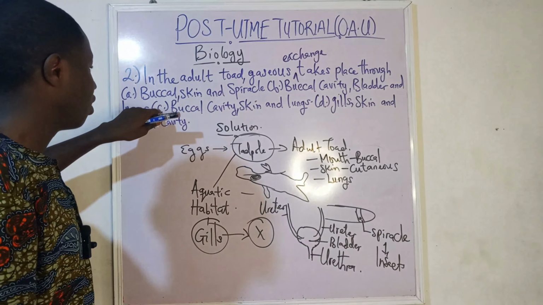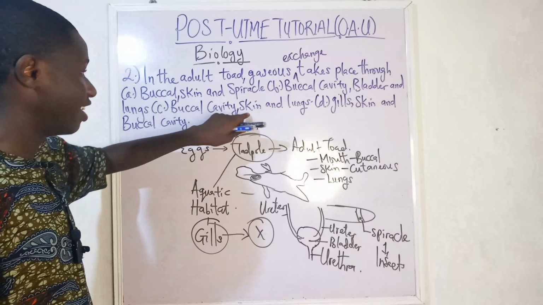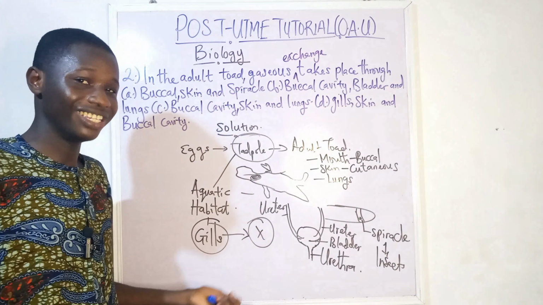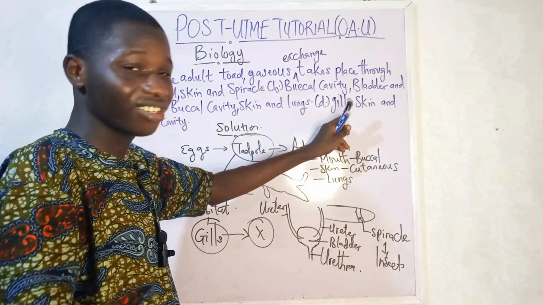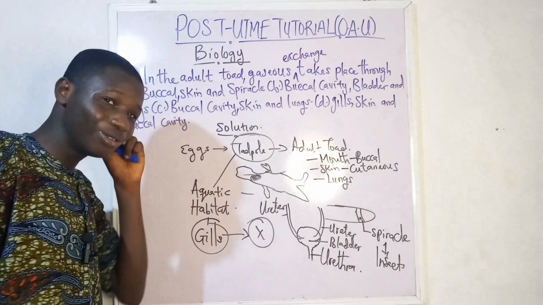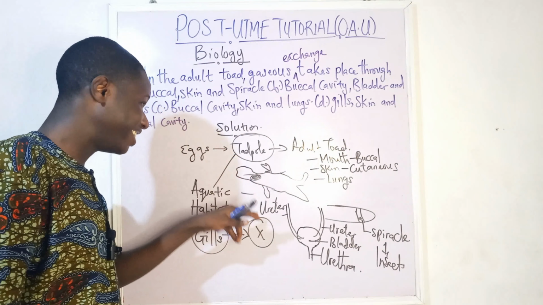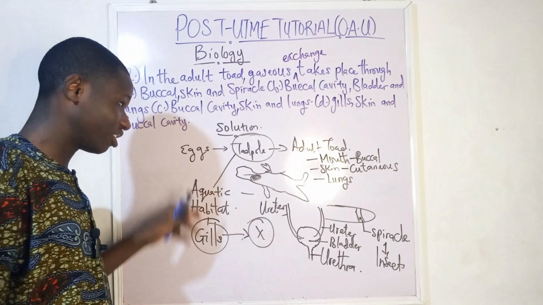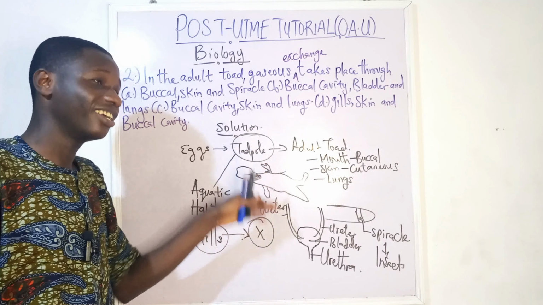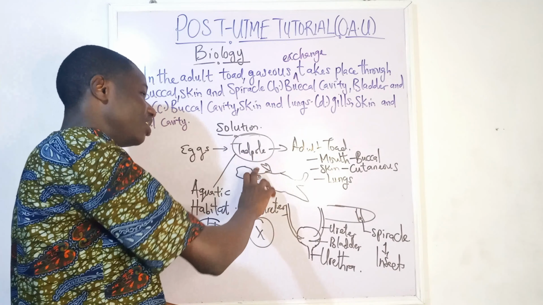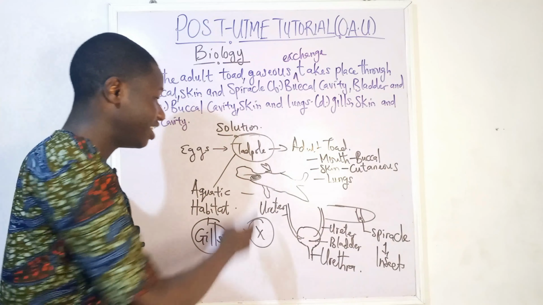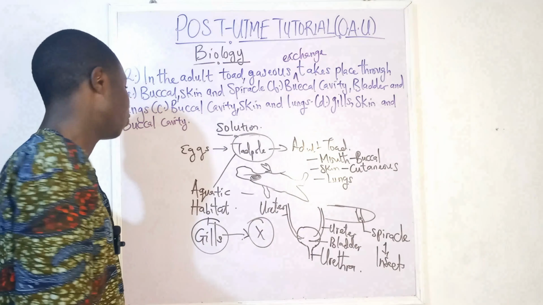Option C, buccal cavity, skin, and lungs. So automatically you know that's the answer. Option D, gills. I already told you that gills has lost its function in the tadpole. Once the tadpole stage goes to the adult toad, the gills has lost the function.